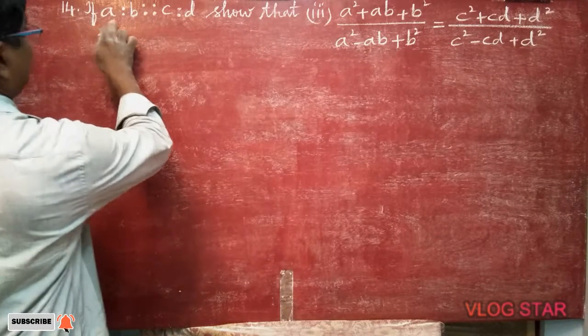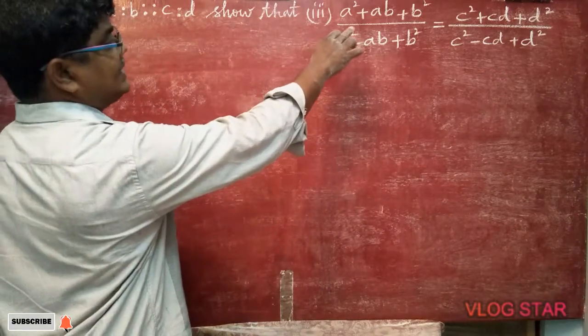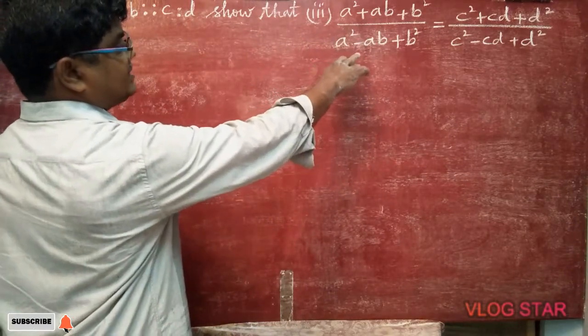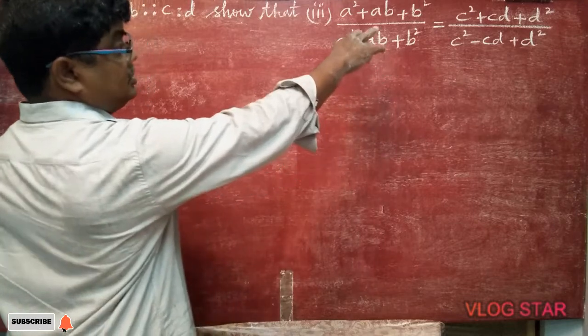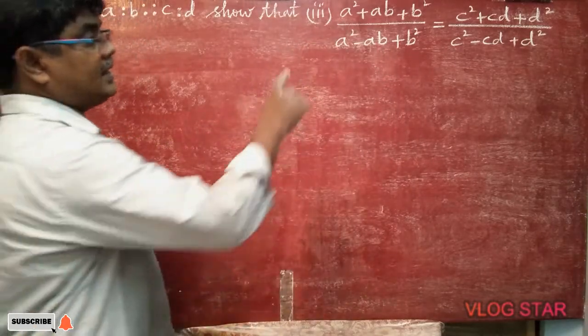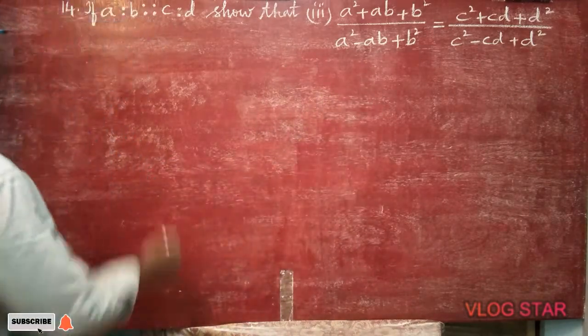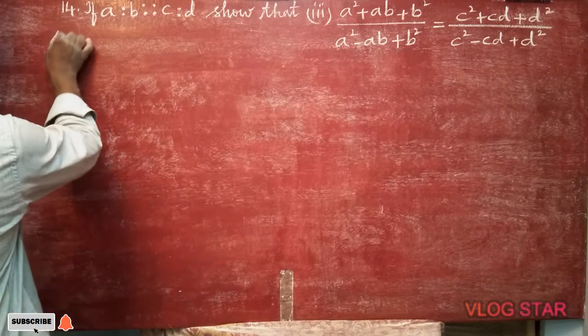14th problem. If A is to B as C is to D, show that A square plus AB plus B square by A square minus AB plus B square is equal to C square plus CD plus D square divided by C square minus CD plus D square. Now, solution.